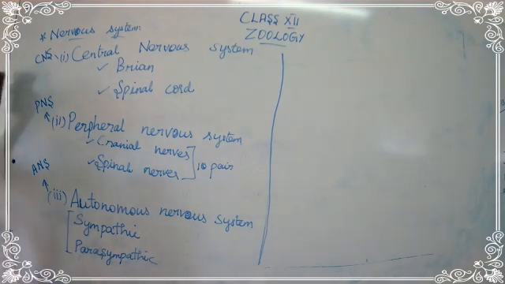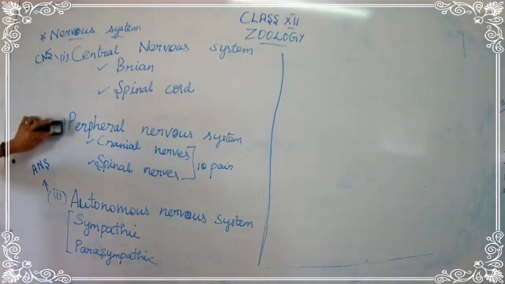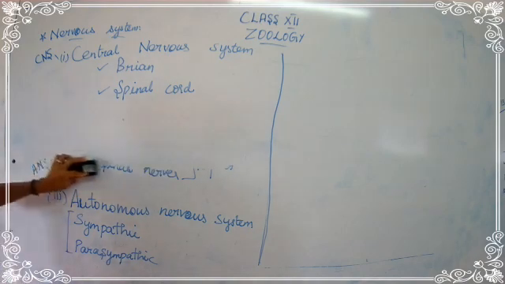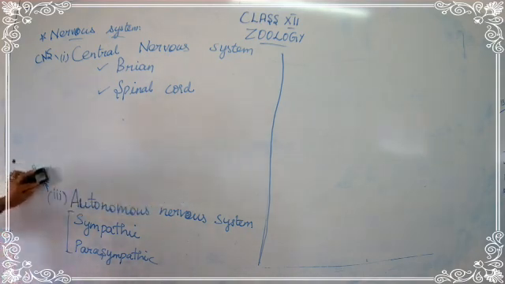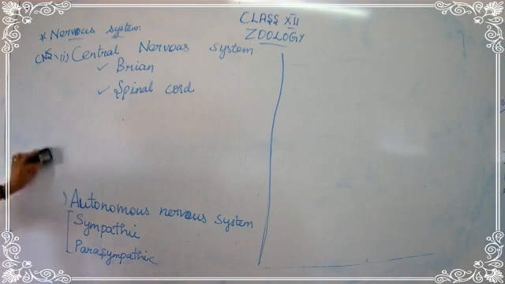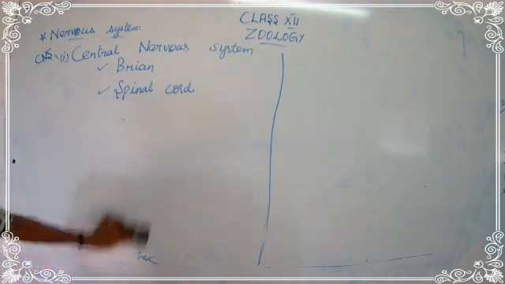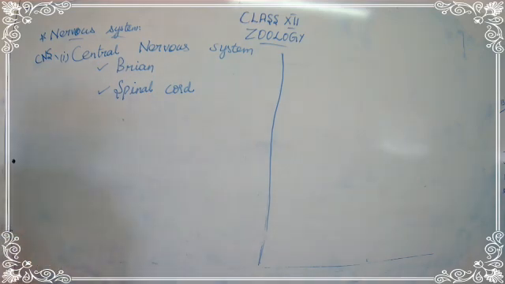Cranial nerves and spinal nerves, both 10 pairs. And what are the divisions of the autonomic nervous system? Sympathetic and parasympathetic. Okay. So these are the divisions of the autonomic, peripheral and central nervous systems.